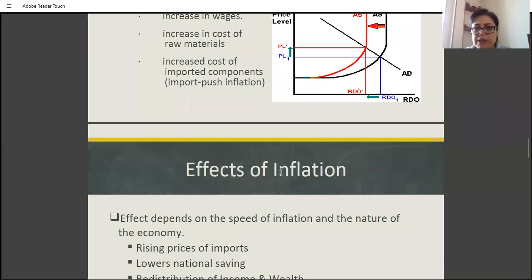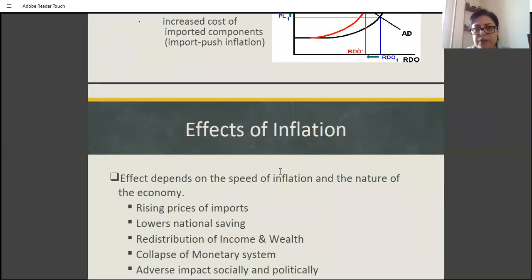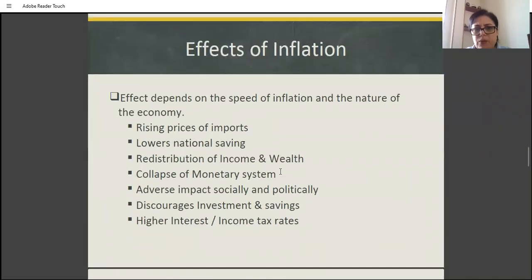Now let's go to the effects of inflation. By the way, in general, when we discuss the reasons or the causes of inflation, we try to classify them in two directions. The first one, demand side or demand pull inflation, and the second one is cost push or so-called supply side reasons of inflation.